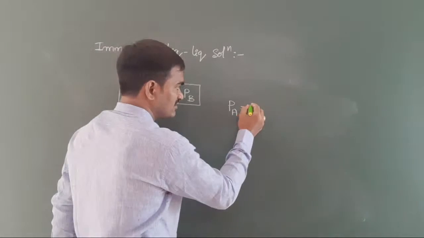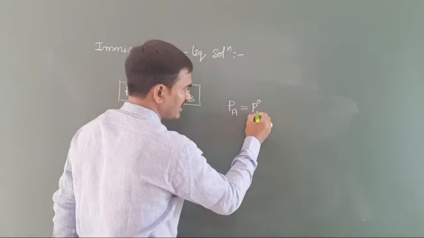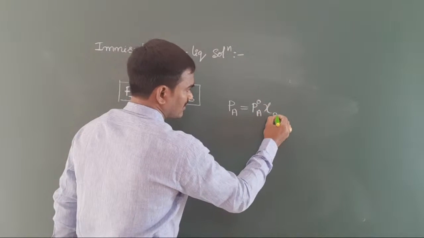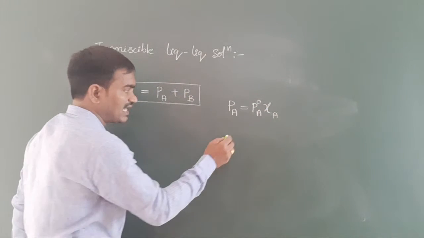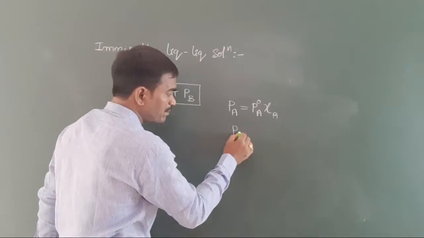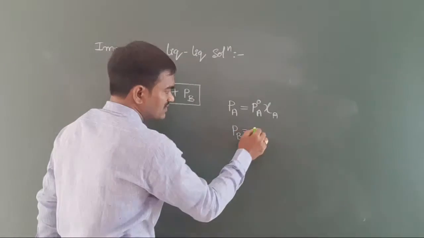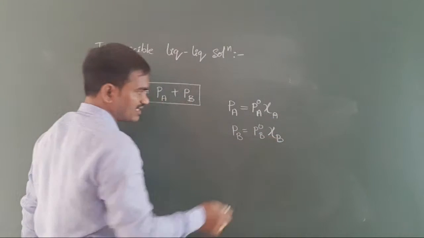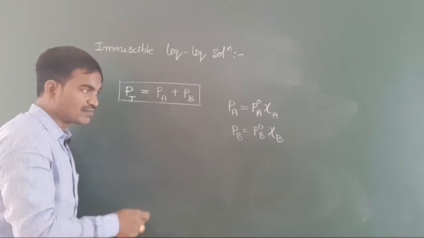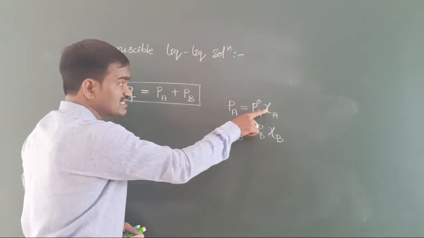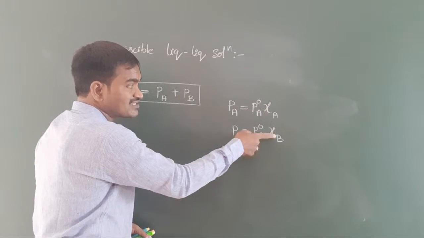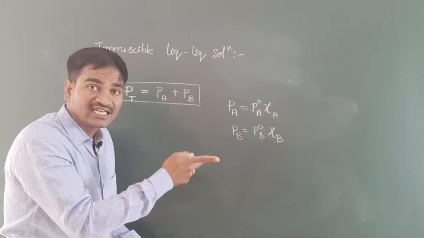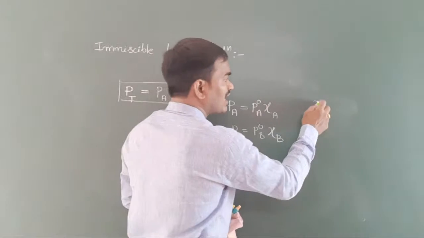And PB is equal to P naught B chi B. You know these two formulas, but this is not depending on this one and this is not depending on this one. Both are independent. Whenever both are independent, what will happen here?